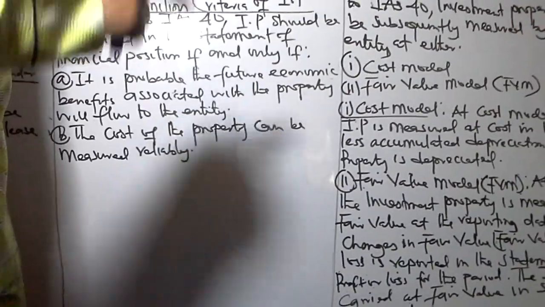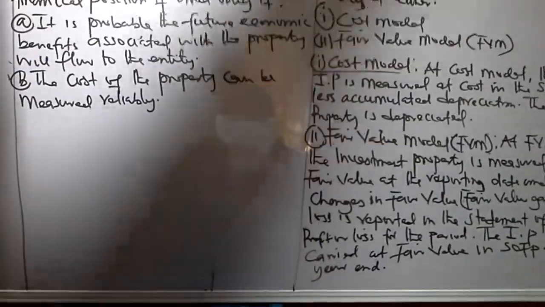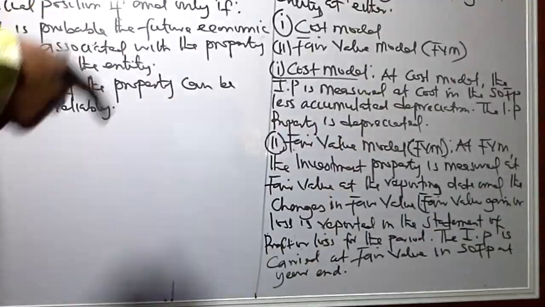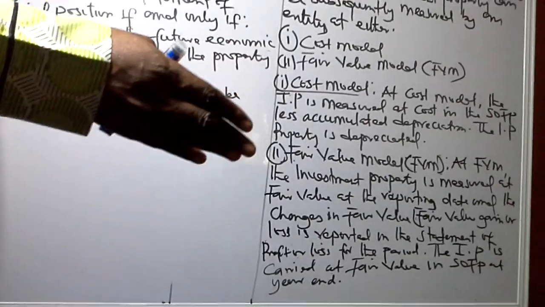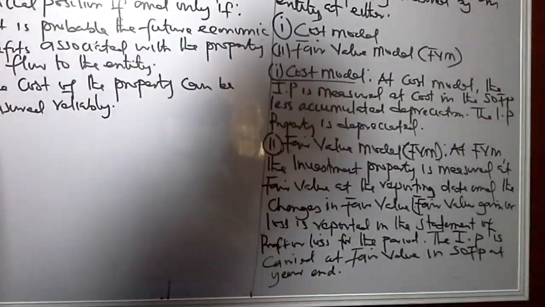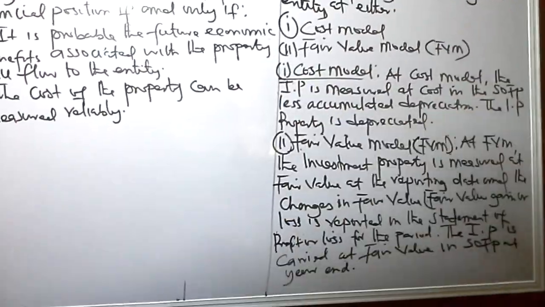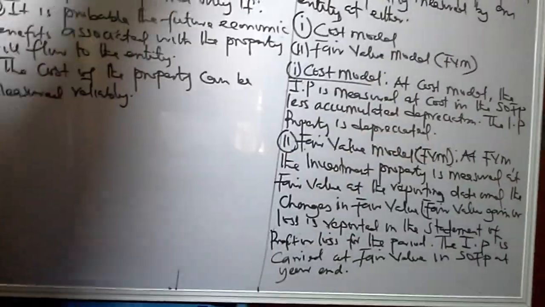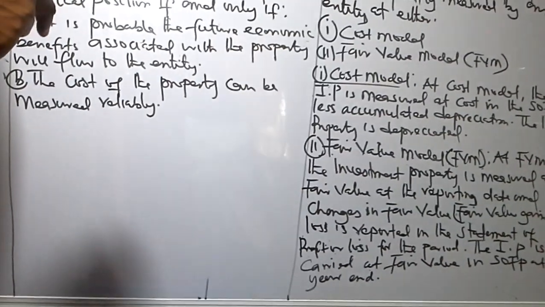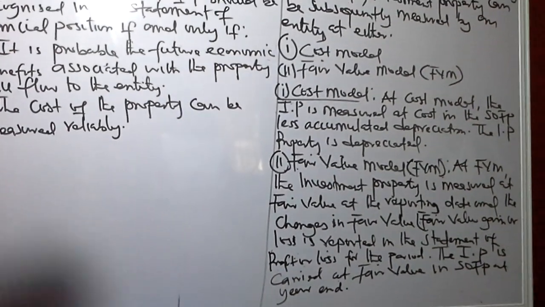Now, when you choose fair value, in the question, they will give you the fair value at the end of the year, and you are going to compare the fair value at the end of the year with the value at the beginning of the year to determine the difference between the values. Is that clear?